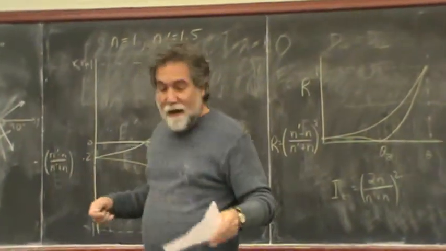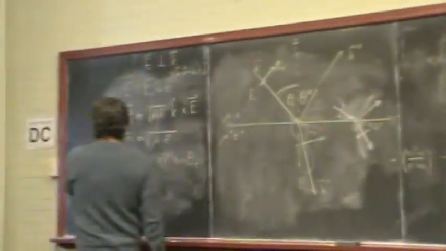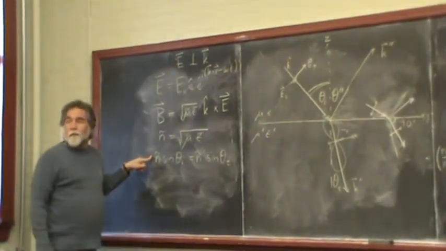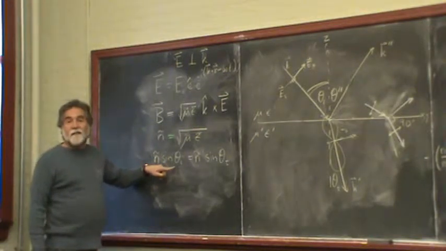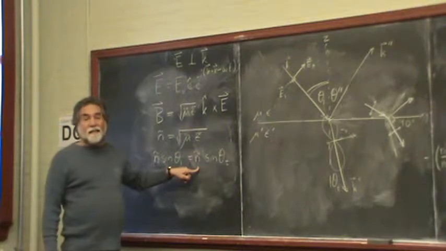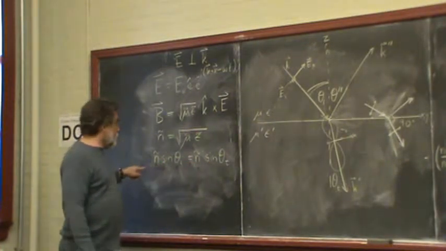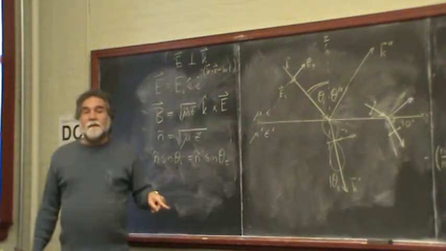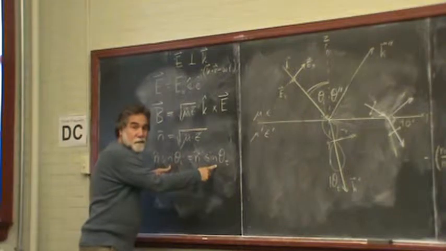But you don't have to worry about what I just did over here, where I wrote complex index of refraction times sine of theta transmitted equals incident complex index of refraction, incident and transmitted. You don't have to worry about the fact that when these are complex, those are too.